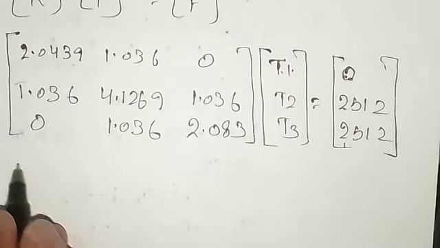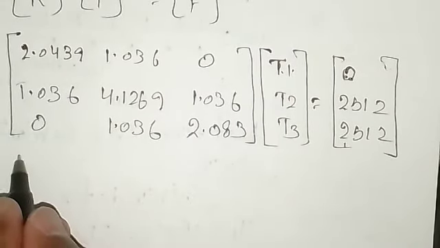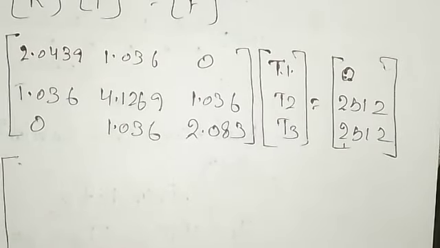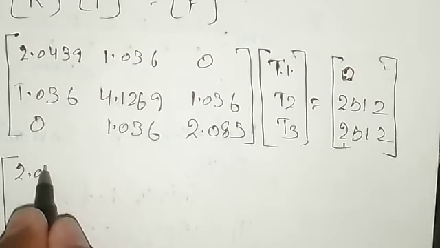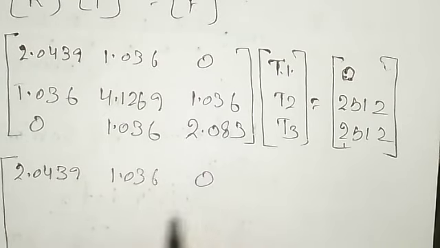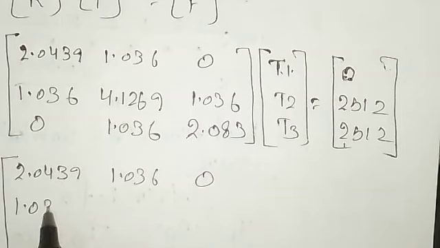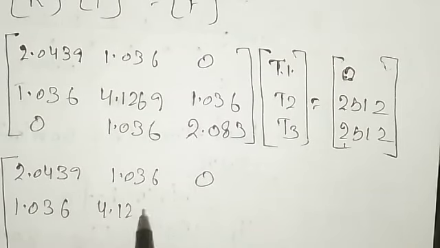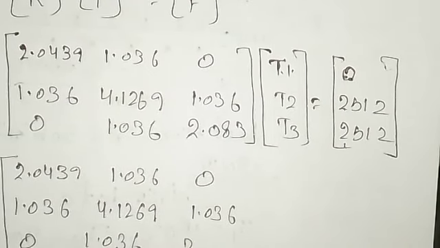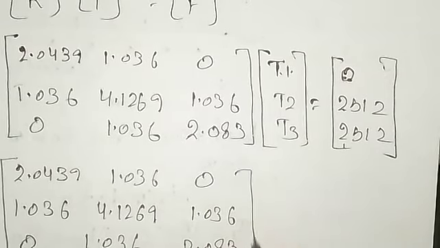So first we can say that this equation will be modified again like this: 2.0439, 1.036, 0; 1.036, 4.1269, 1.036; 0, 1.036, 2.083, right?